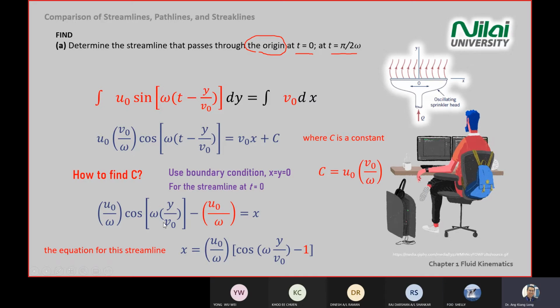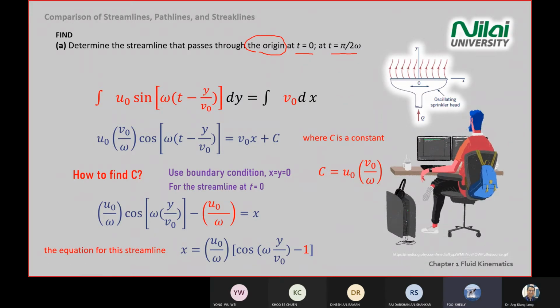But when you deal with omega, it is in terms of radian. Oh, so I still remain it in degree. Yes, correct. So I got 0.9996 u0 bracket v0 over omega.